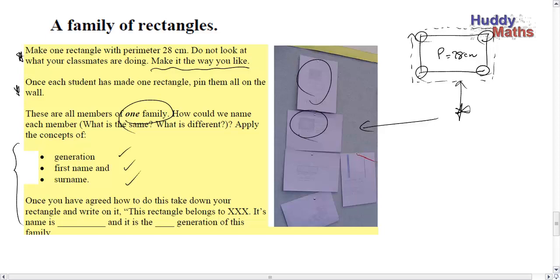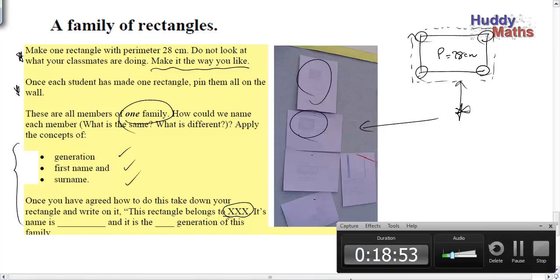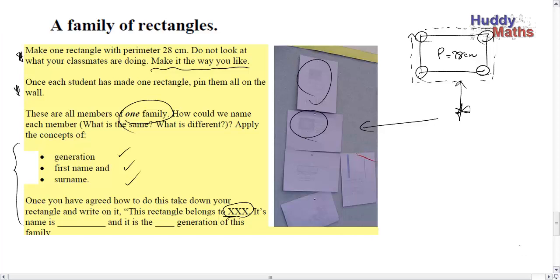Okay, so here you are. Here are some ideas. This rectangle belongs to XXX. Okay, now XXX. So what did you come up with as, what would you call this? Maybe the surname, isn't it? Okay, the surname. And the surname would be what?